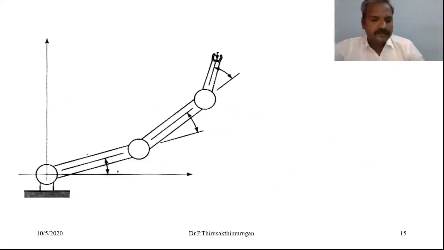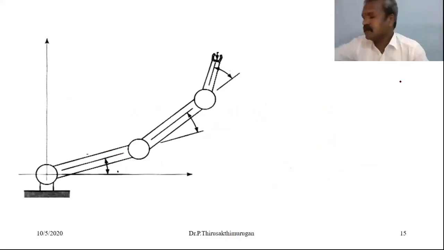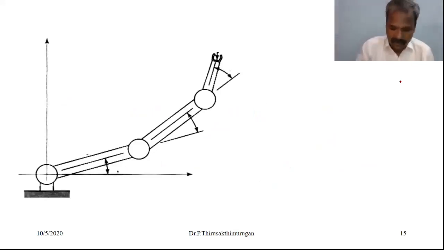You see here there are 3 links in this robot. What are the 3 links?